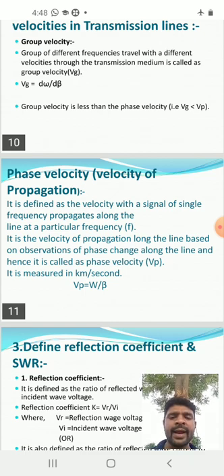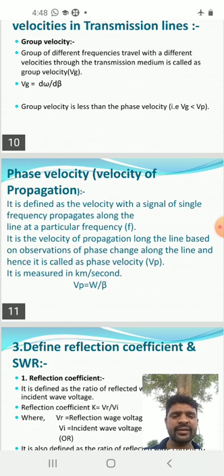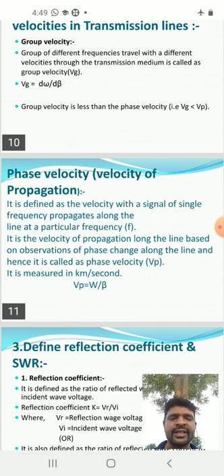Or it is the velocity of propagation along the line based on the observation of phase change along the line. If the wave changes its phase when it travels in a transmission line, that is phase velocity. It is denoted by Vp. Its units are kilometers per second. Vp equal to w by beta.